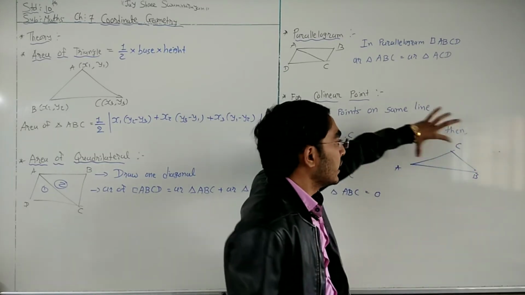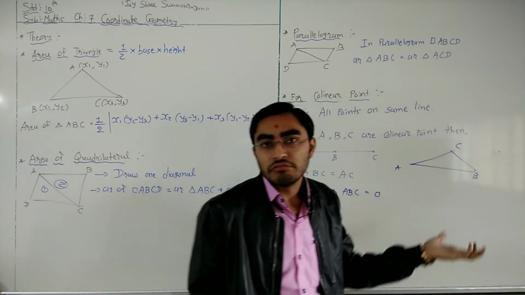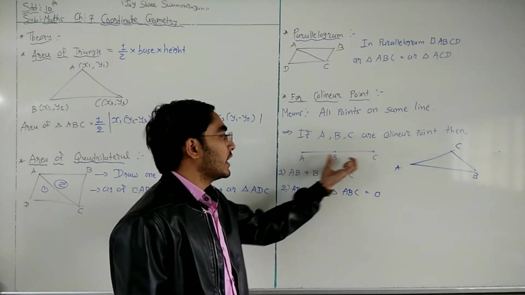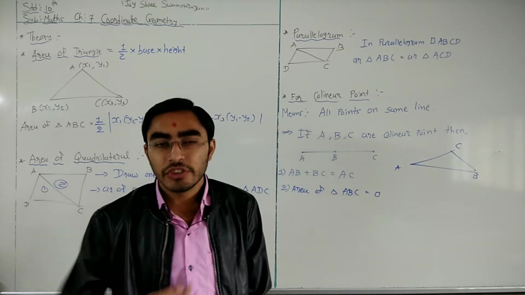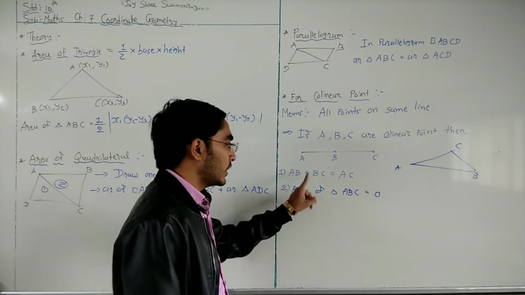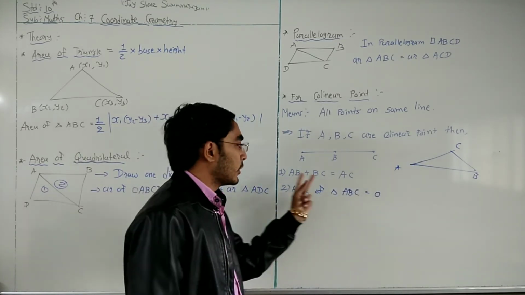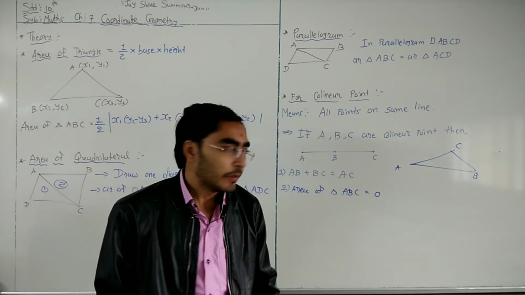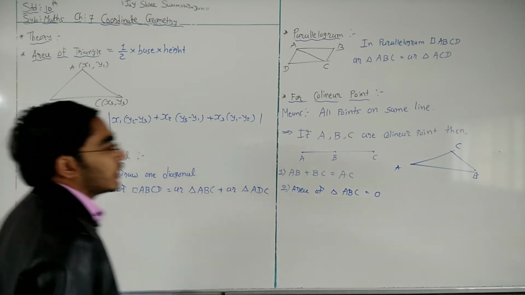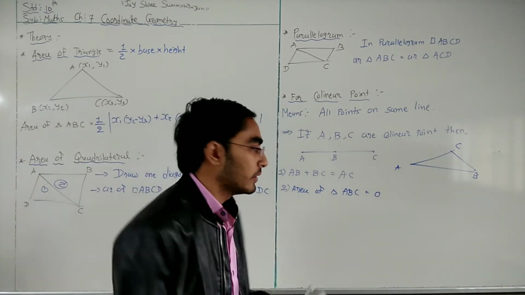It's wrong. So definitely if collinear points are there, then addition of these 2 parts is the whole part. Otherwise it cannot happen. So this way we can use AB plus BC is equal to AC. Now think about the second way.